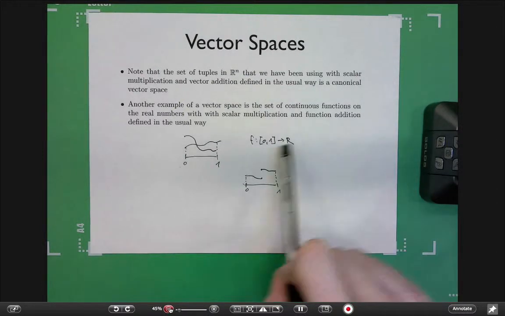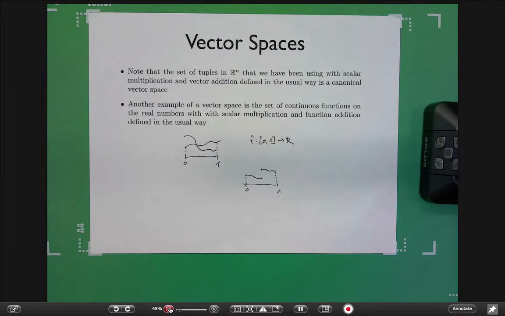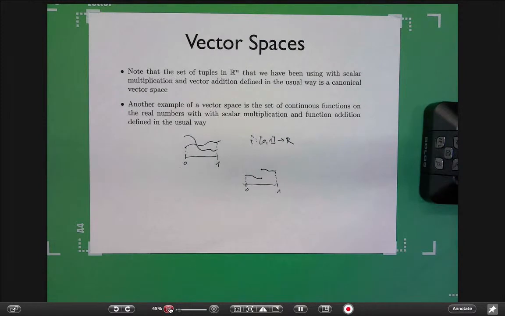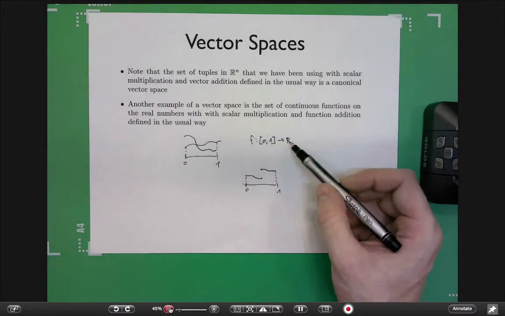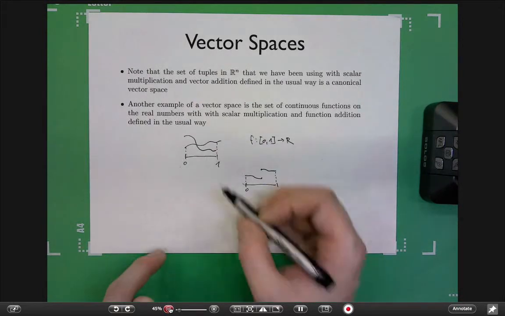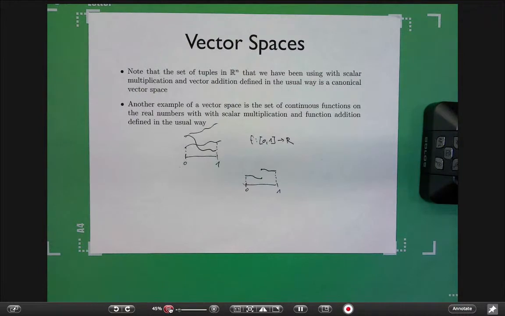The point here is that I can take the set of all these functions and say, that's my vector space. And if I'm saying that, I need to say what my scalar multiplication is. My scalar multiplication is just multiplying the function by a scalar. So basically I take the function value and multiply it by the scalar. Like if I multiplied this function by 2, I would get a scaled version of that function.